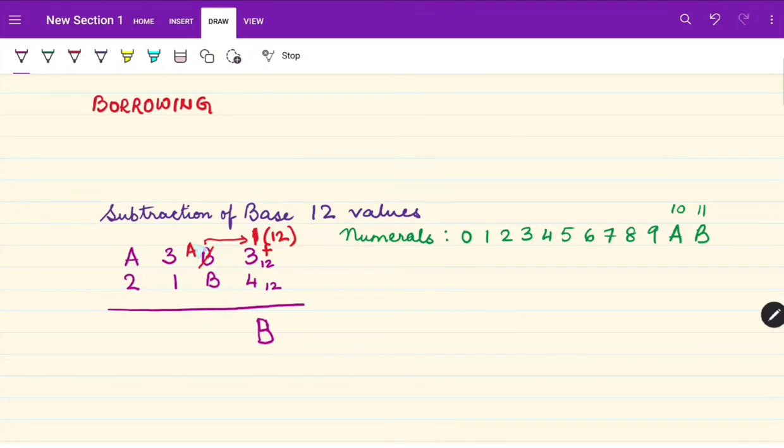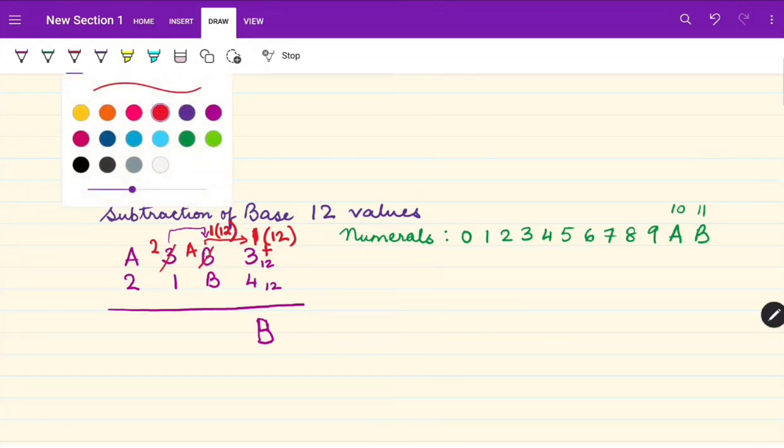So we have to do some borrowing again here. So we look at the column to its left. We have 3 here, so we have to give a bundle of 12 to this column. So give 1, all right? We give a bundle of 12, and this 3 will become a 2 at this point. So 12 plus A, all right? We have to add to the number at the top.